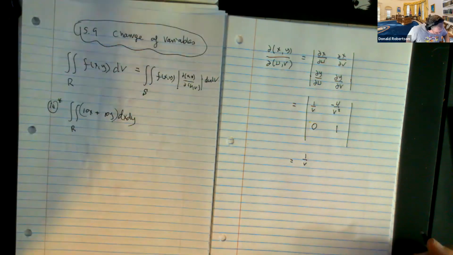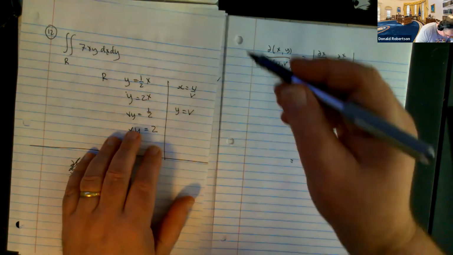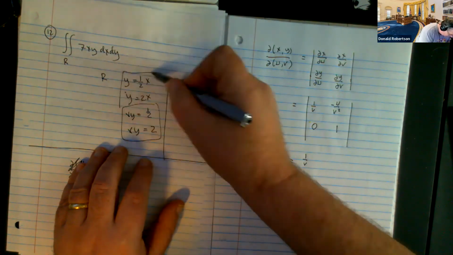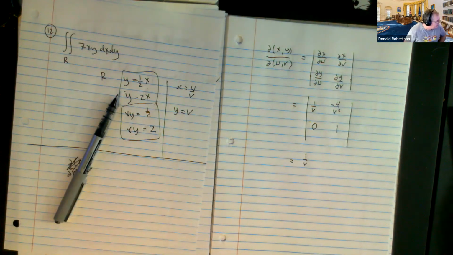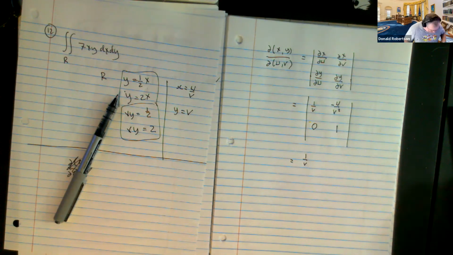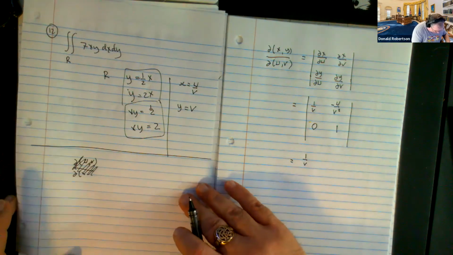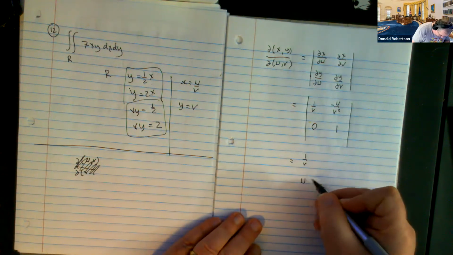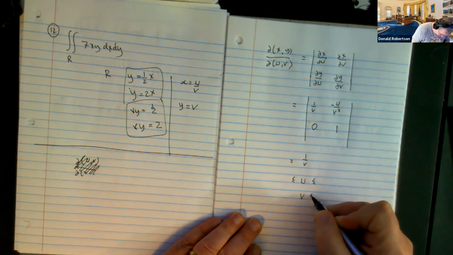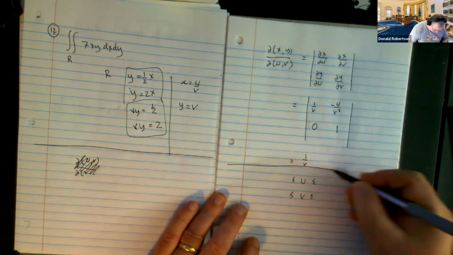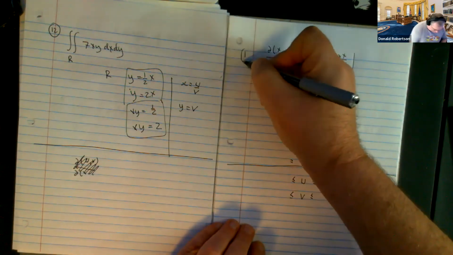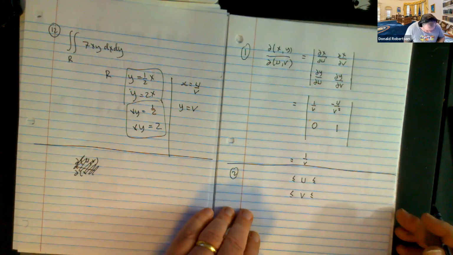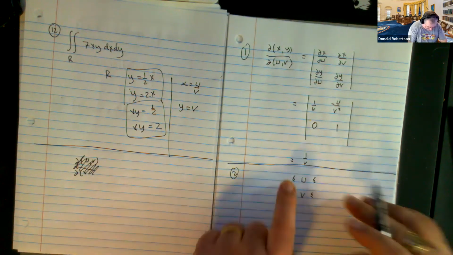Now, in this particular question, we've got these two things going on. So we need to figure out how to transfer this information into limits of integration in terms of u and v. The first step I would almost always do is get the Jacobian. The second step is to get the limits of integration.